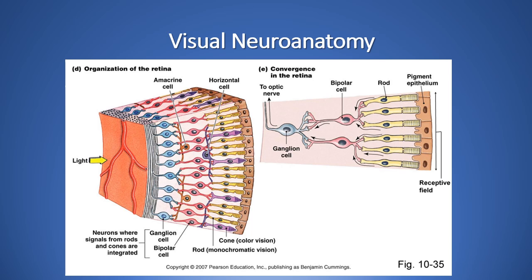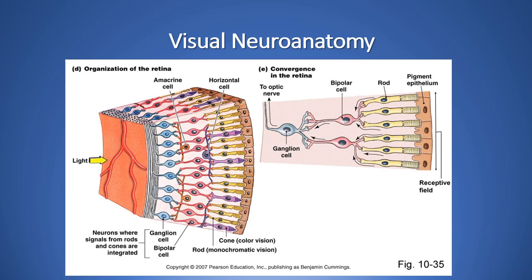So here's some visual neuroanatomy. And frankly, if you're not a little bit confused by the end of this slide, then you probably were not paying attention well enough. So let's look at the left-hand part of the slide. The light is coming in from the front of the eye, which is really the left of the slide. The light first has to pass through a layer which contains a whole bunch of nerve fibers.